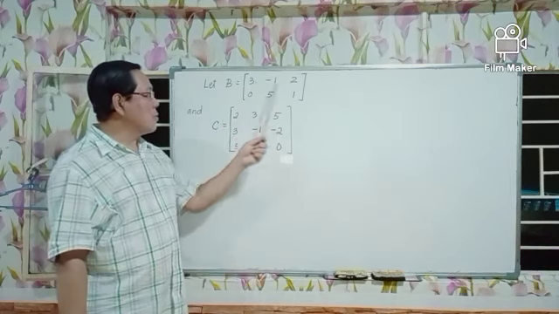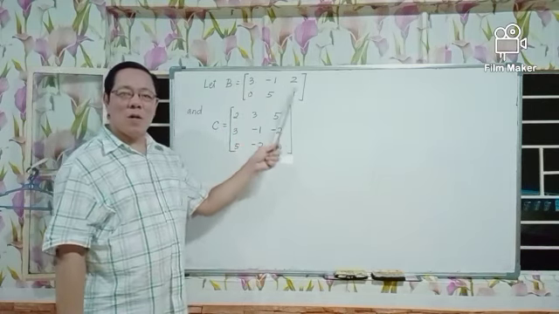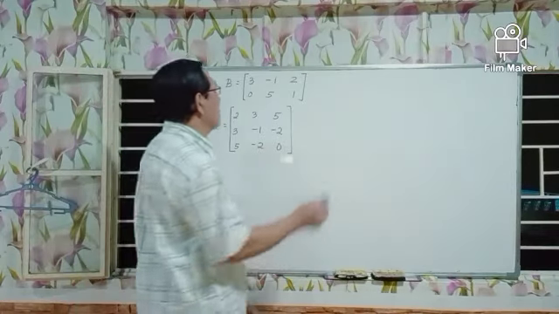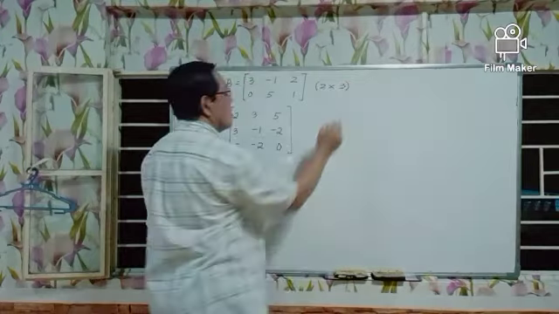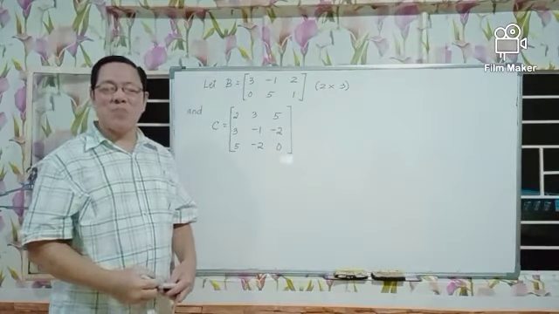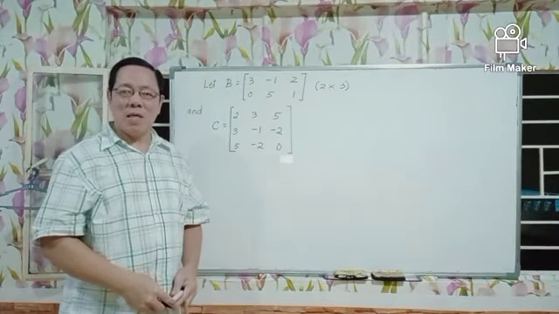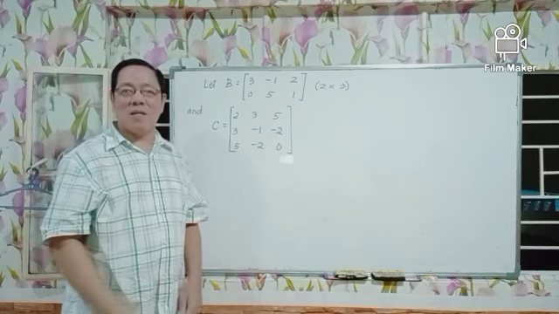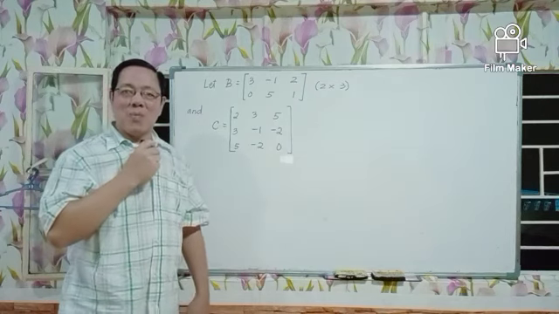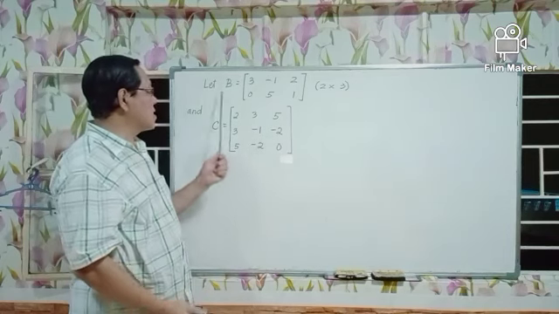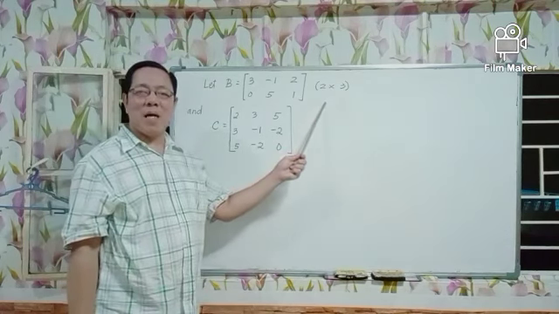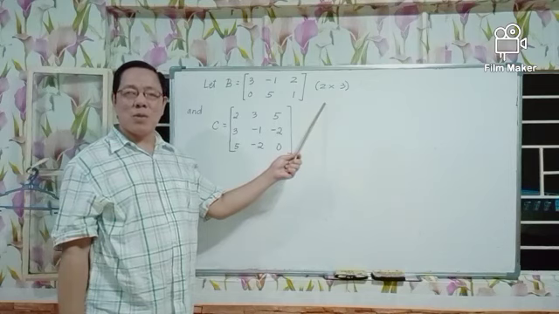It has 2 rows and 3 columns. When we get the transpose of matrix B, we can tell in advance its size: the transpose of matrix B should be 3 by 2, with 3 rows and 2 columns.